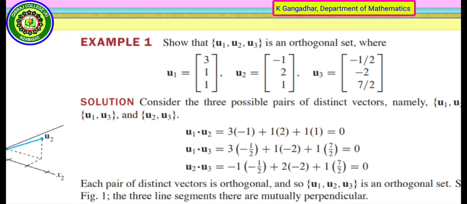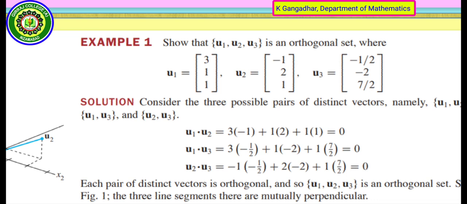First, u1 dot u2 equals u1 transpose into u2: 3 into minus 1 plus 1 into 2 plus 1 into 1, so minus 3 plus 2 plus 1 equals 0.